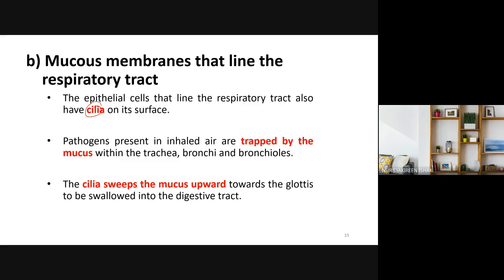So pathogens present in the inhaled air are trapped by the mucus within the trachea, bronchi, and bronchioles. So the function of the cilia is to sweep the mucus that has the pathogen trapped inside it upward towards the glottis to be swallowed in the digestive tract.